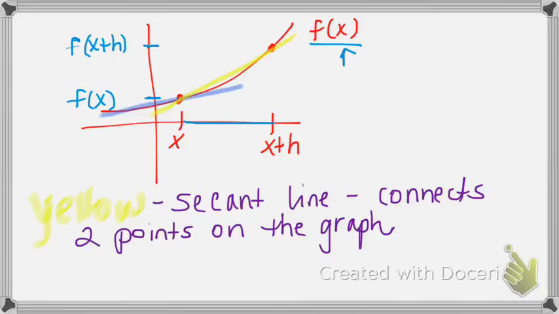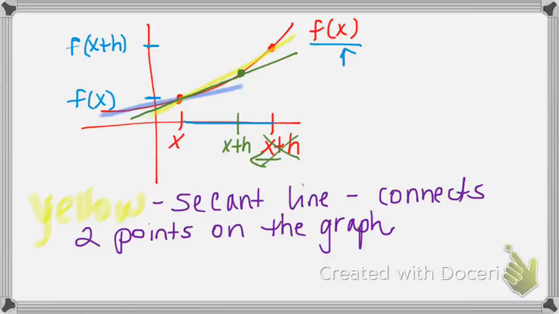Well, what if I moved x plus h closer to x? If I draw the secant line between x and x plus h, except x plus h is a little closer to x, and I find the slope of that green line, I'm getting closer to what that blue line is.